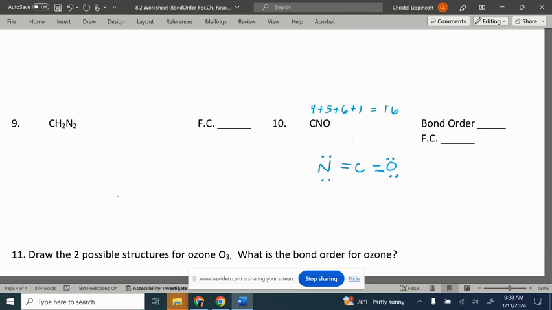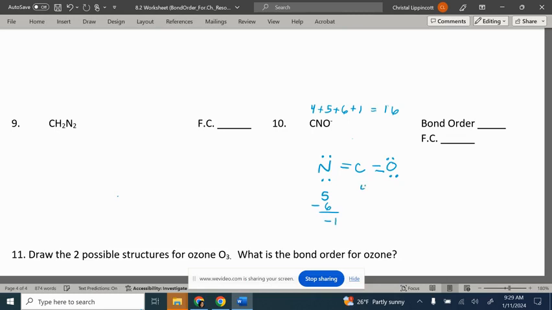Okay, now this looks like a valid structure based on what you've learned so far, right? Everything has 8, but let's look at our formal charge on these things, okay? My nitrogen, I have 2, it should have 5. It has how many? 6. Okay, so 5 minus 6 is a -1.